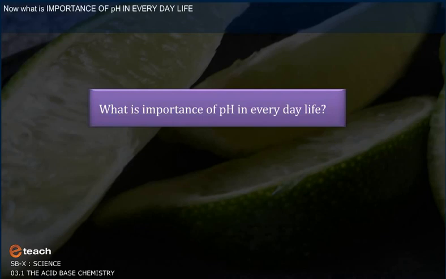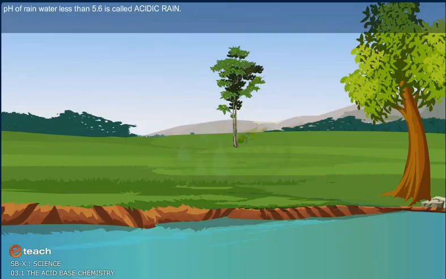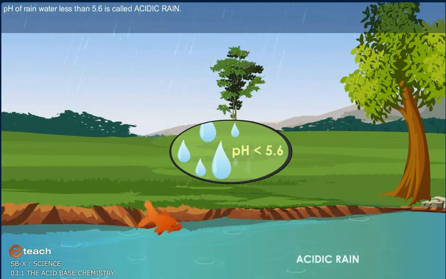Now, what is the importance of pH in our everyday life? Our body functions within a range of pH 7 to 7.8. pH of rainwater less than 5.6 is called acidic rain.